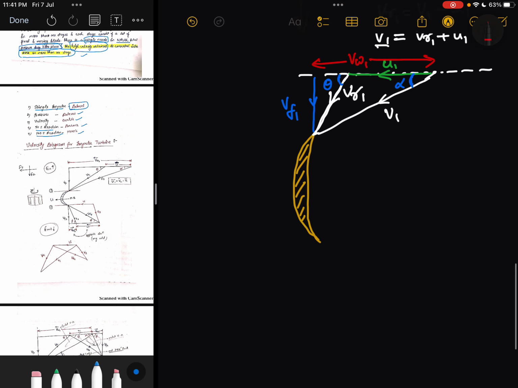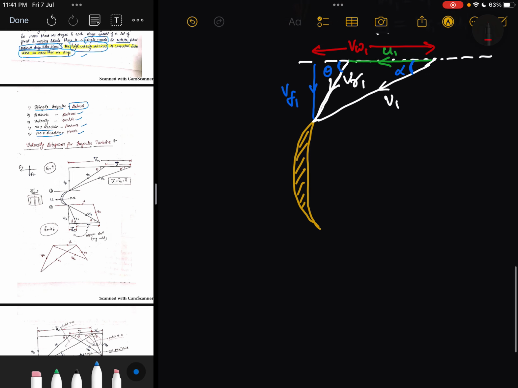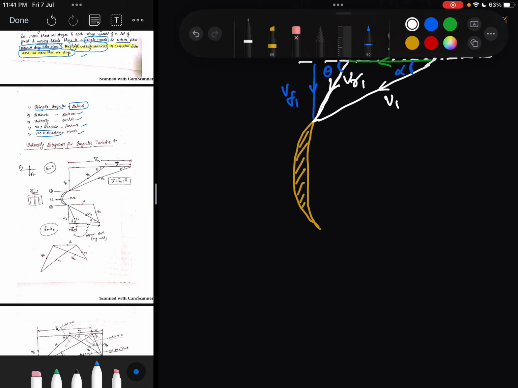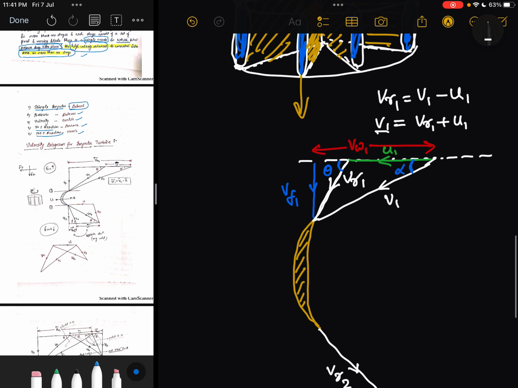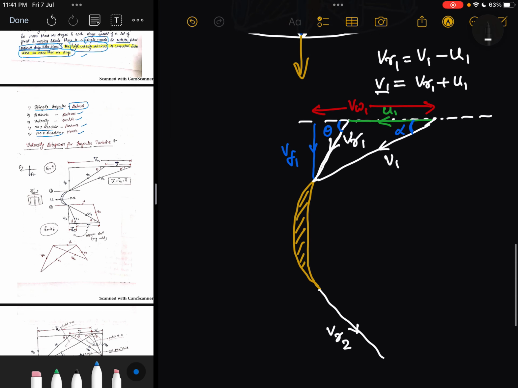Now I will draw the outlet velocity diagram directly. First of all you can draw that the relative velocity will come like this, vr2. And when we add u2, because it is an impulse turbine, in the impulse turbine u1 is equal to u2, keep in mind.